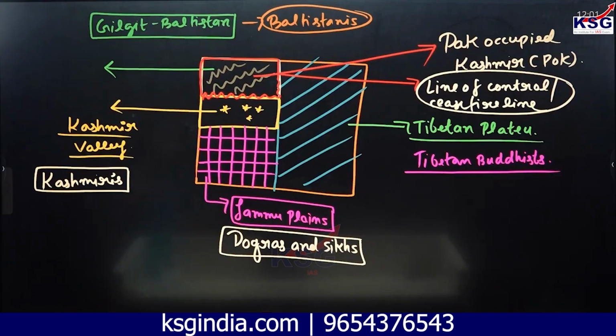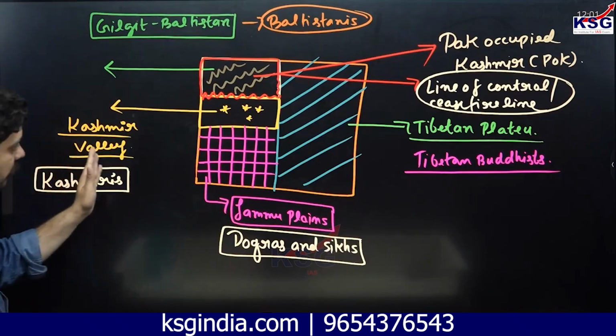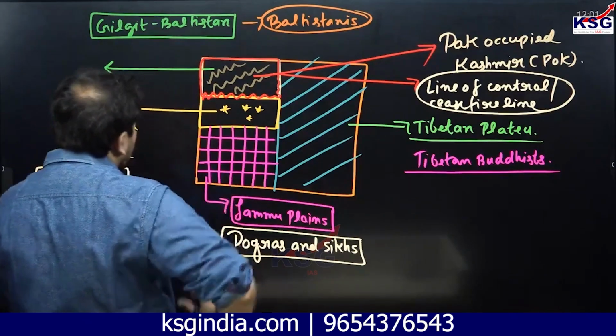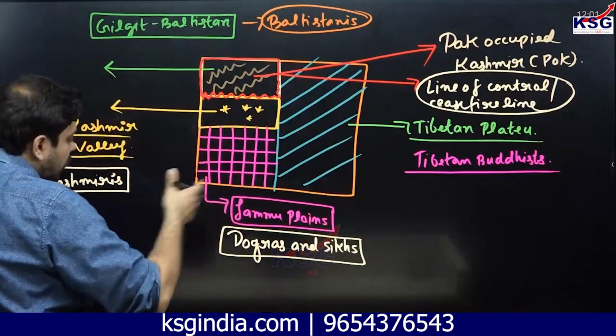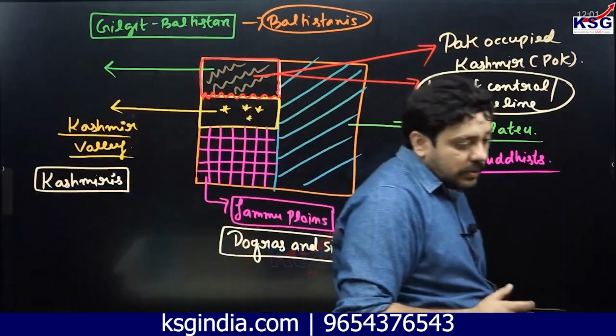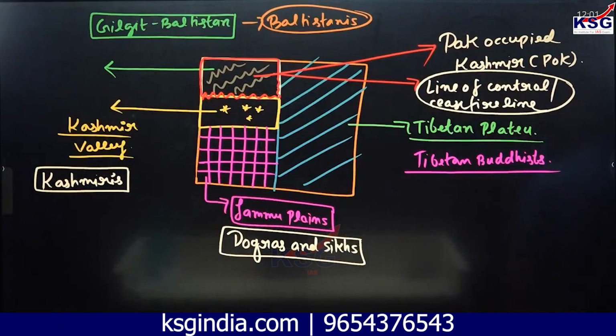It only became a part of the Union of India after the instrument of accession, and therefore the border between Pakistan and Kashmir is not demarcated as a Radcliffe line. Are we clear about this, class?